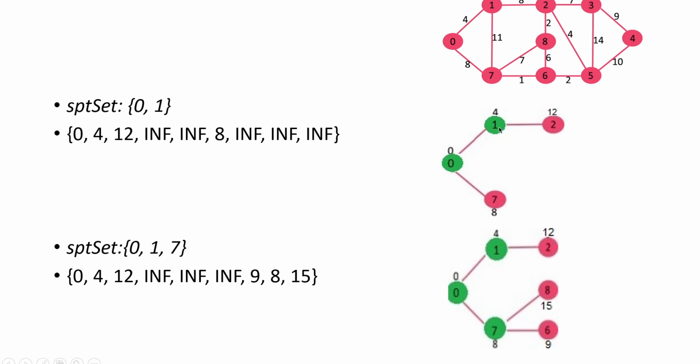However, we found that the value of 12 is smaller than infinity, so we update the value at vertex 2 to 12. And these are reflected in the distance list. In the next iteration, we found that 7 is not in the set and it has the smallest distance in the distance list, which is 8. Then we update the value of adjacent vertices of vertex 7, which are vertex 6 and 8.